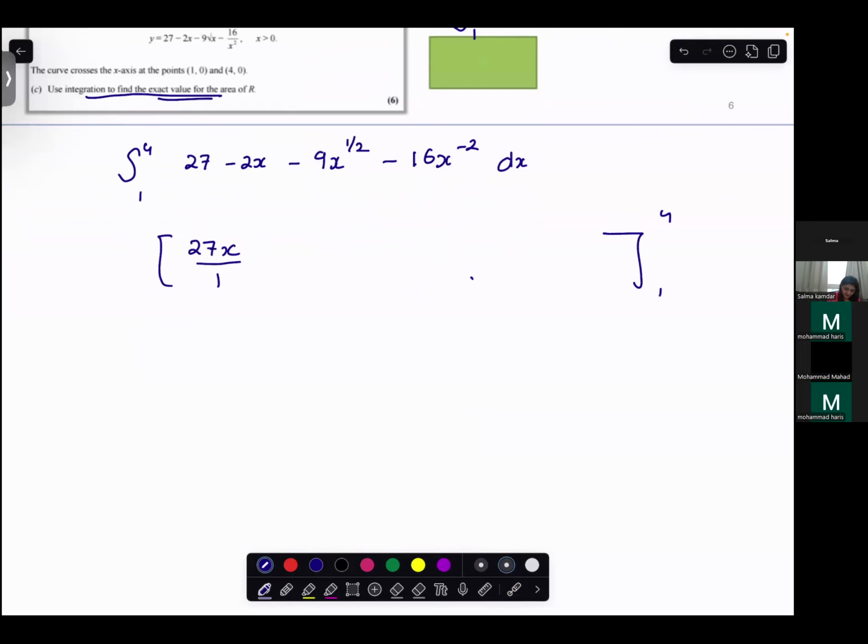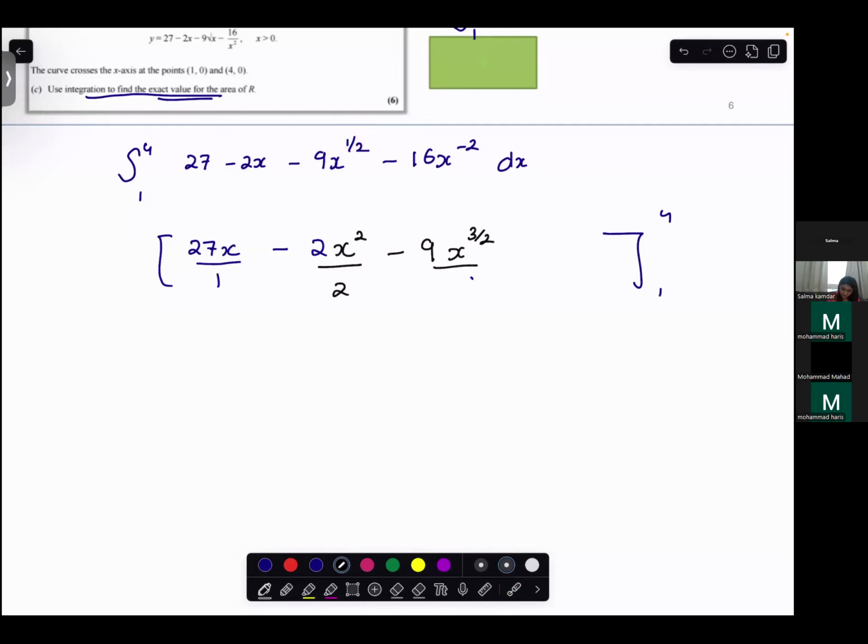Please give me answers. 2x square, you add 1 to the power and you'll divide it by the new power. Correct? Minus 9x. If I'm adding 1 to this power, what will I get? 3 by 2. X to the 3 by 2 divided by the new power.